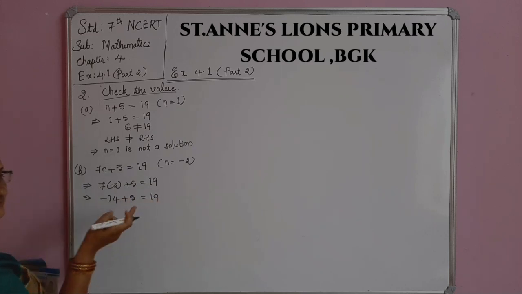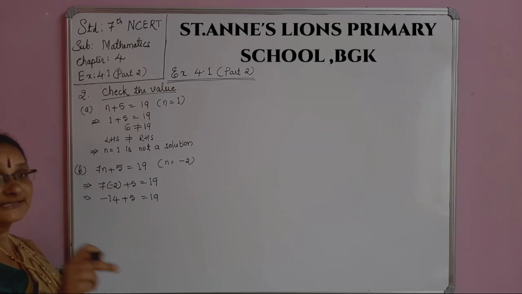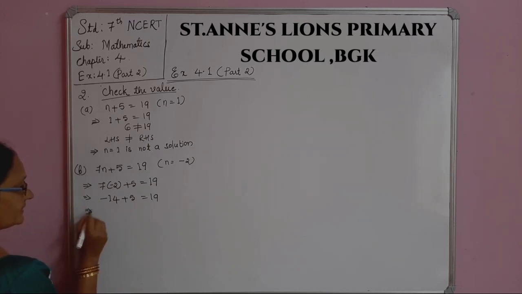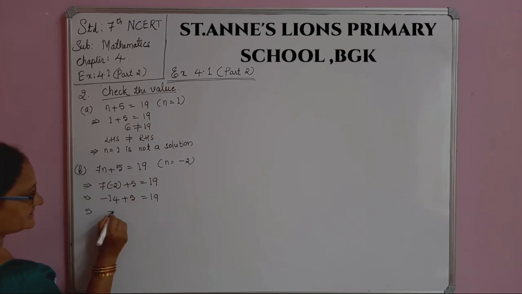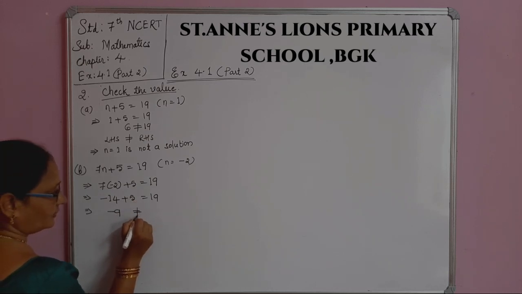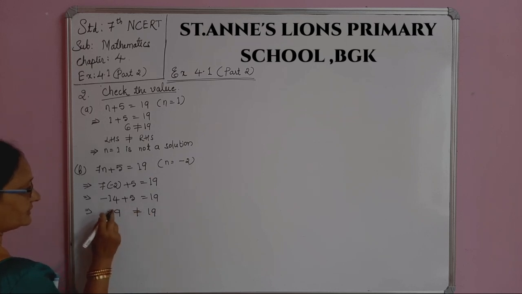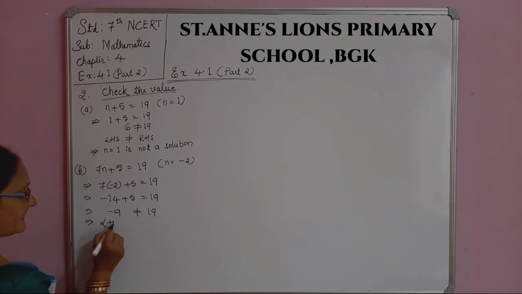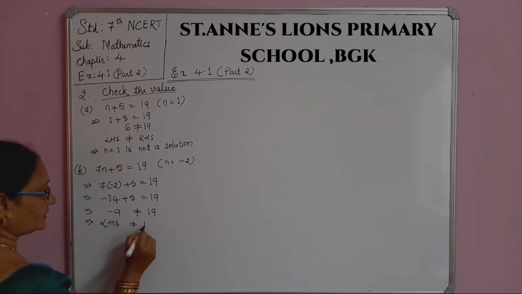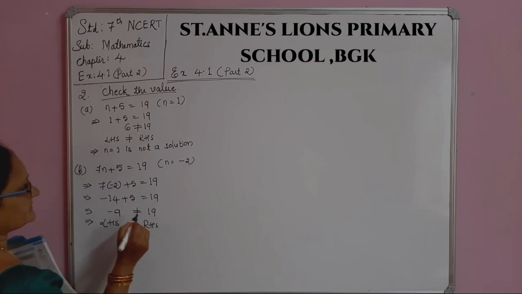One plus and one minus, so we have to subtract and keep the sign of the bigger number. Minus 14 plus 5 is minus 9, which is not equal to 19. You know it, minus 9 is never equal to 19. So LHS is not equal to RHS.